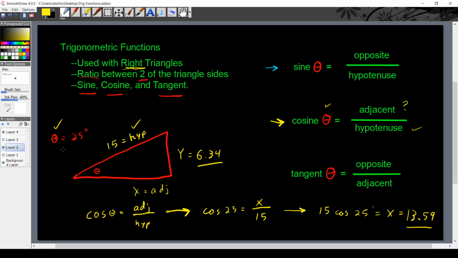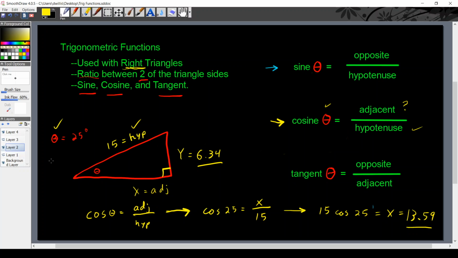If I have a right triangle with an angle of 25 degrees, and the hypotenuse is 15, then the short side would be 6.34 and the longer side would be 13.59. And of course, the functions remain the same, so if I increased it proportionally, these would all increase proportionally as well. Hey, let's do one more example, just for fun.